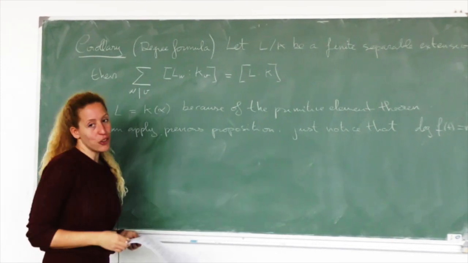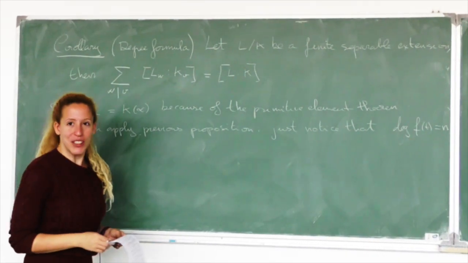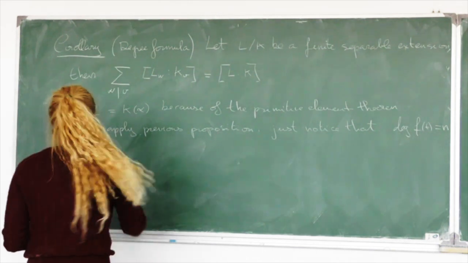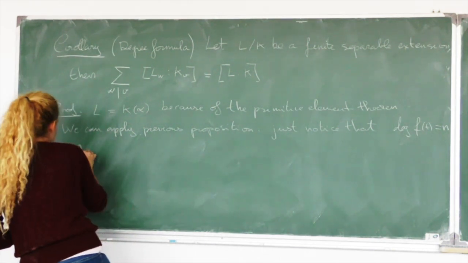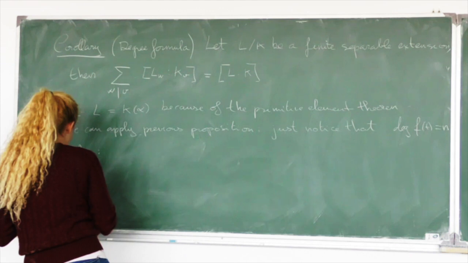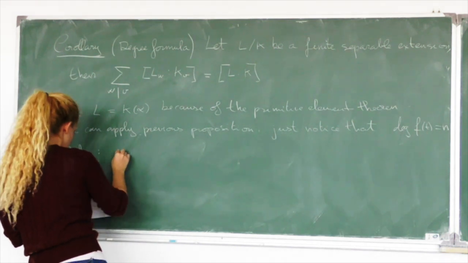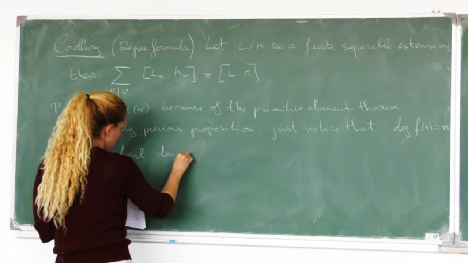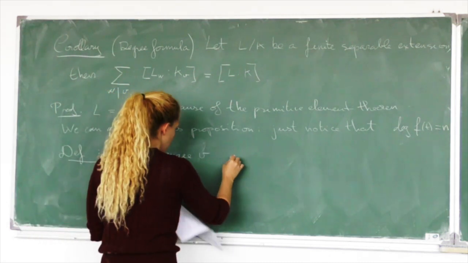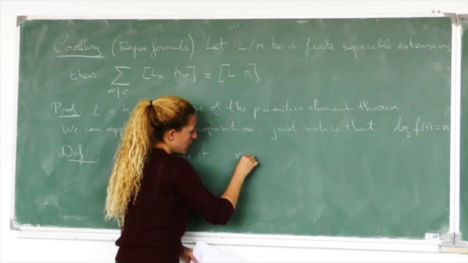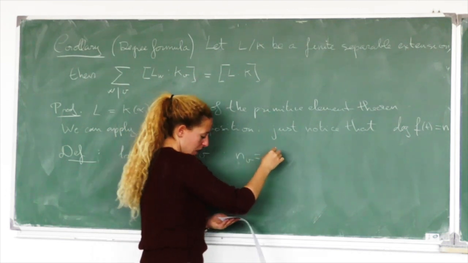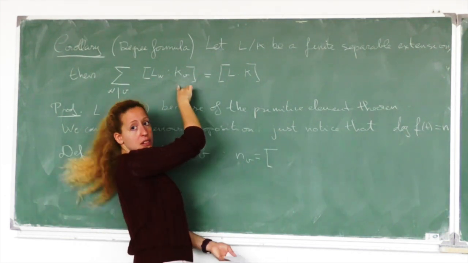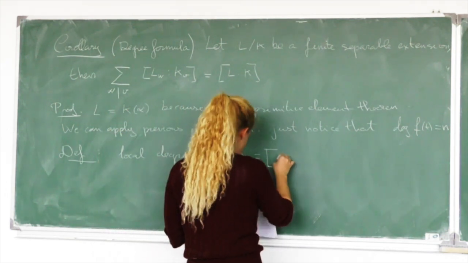So now I'm going to introduce a little bit more of definition now that I introduced those concepts. So definition. This is going to be called the local degree of W, and is going to be n_V, equal to the term that appears here that we used.